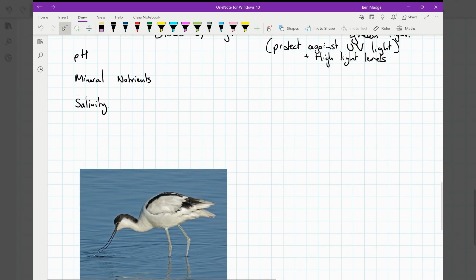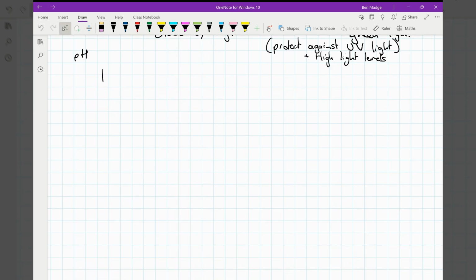Next one then is pH. So pH is the measure of H+ ions in a solution. Many plants can't survive in acidic soils, so that's a low pH.